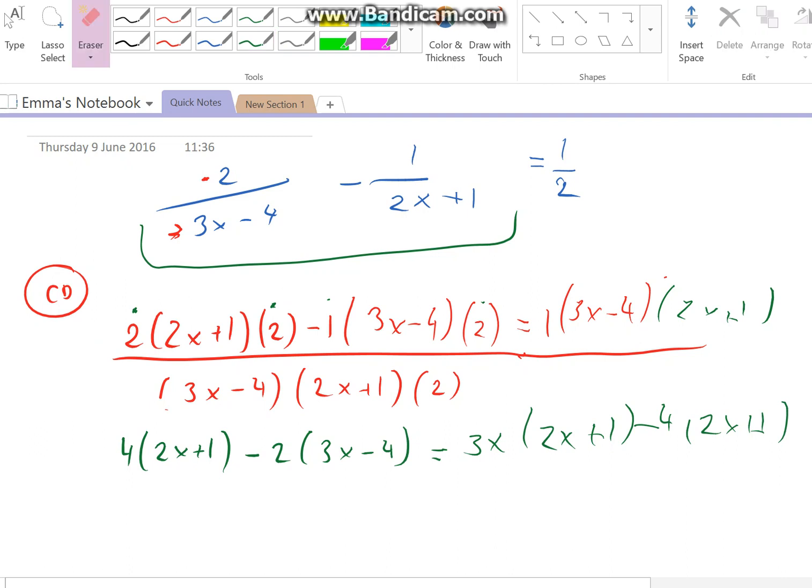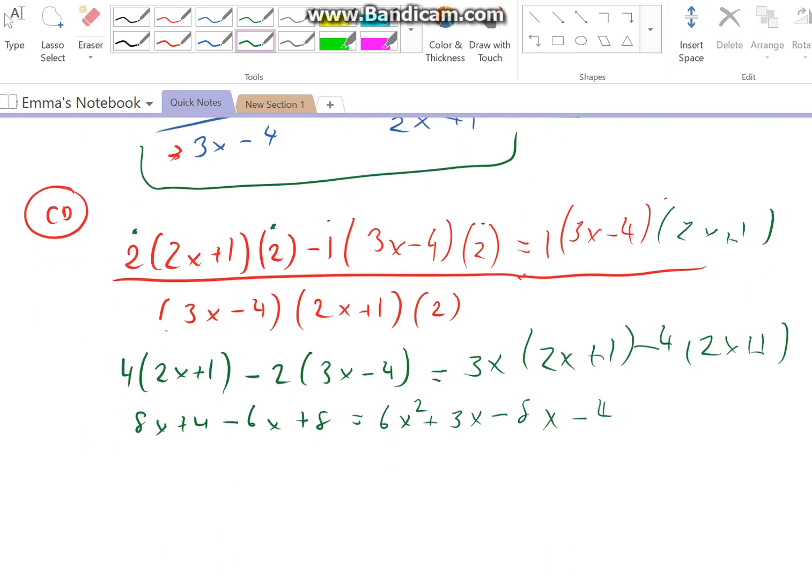So this gives 8x plus 4 minus 6x plus 8 equals 6x plus 6x squared, plus 3x, minus 8x minus 4.